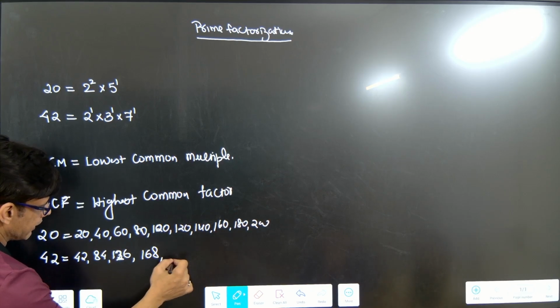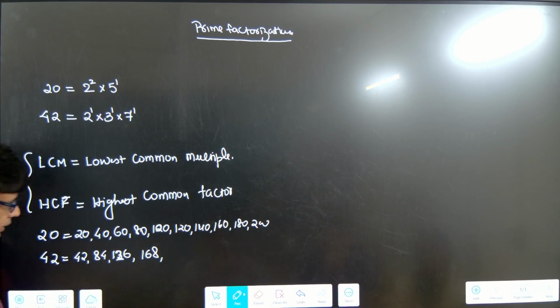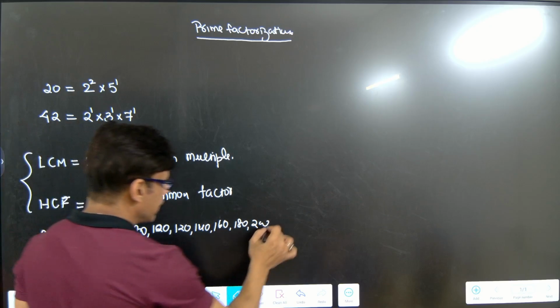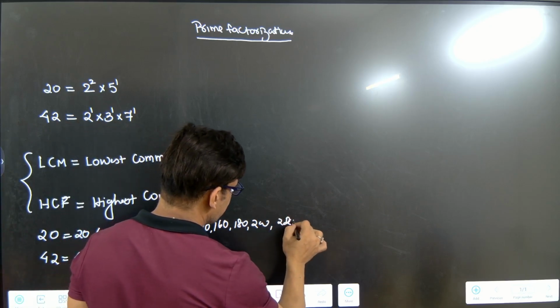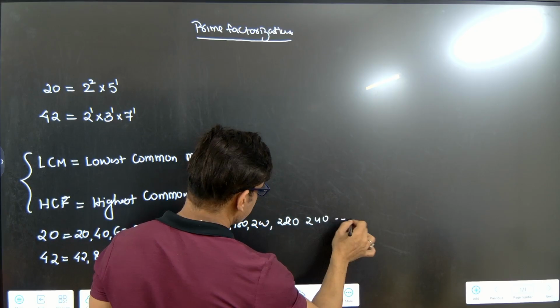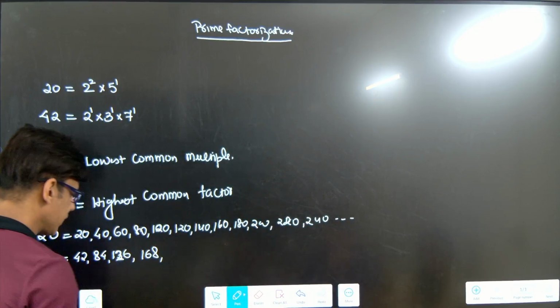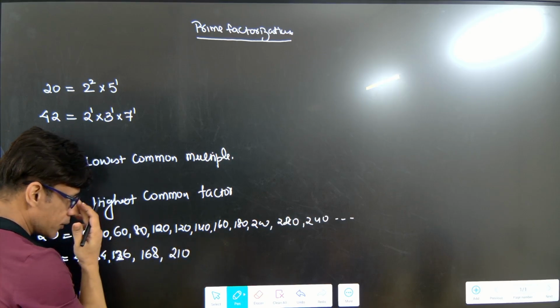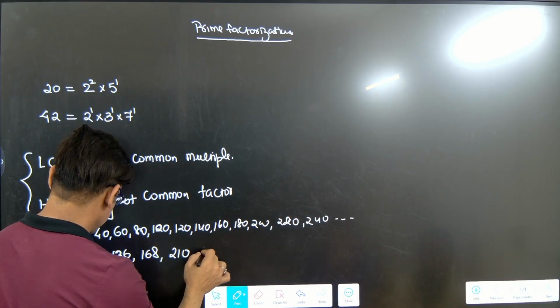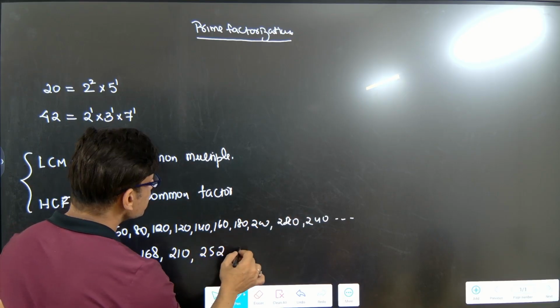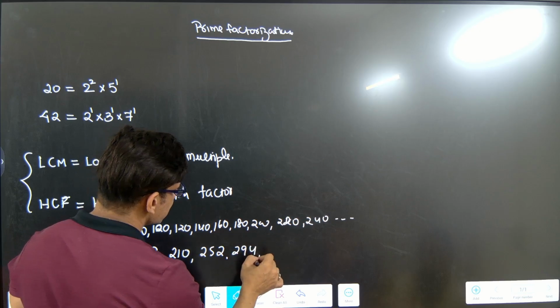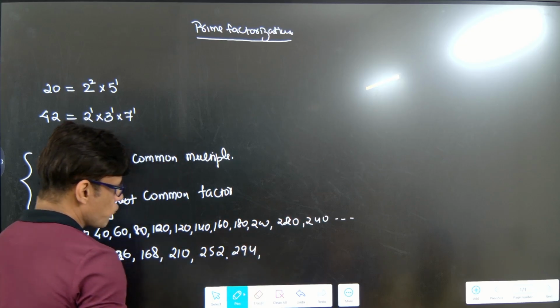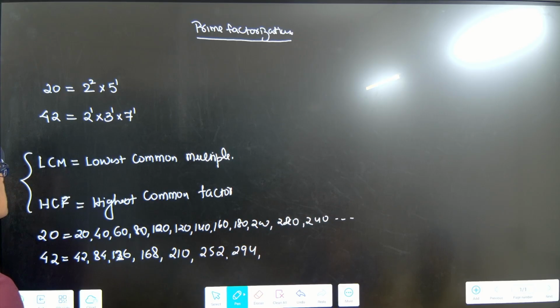Keep on writing it. After 168, then 210, 252, 294, 336. 42 fives are 210, right?